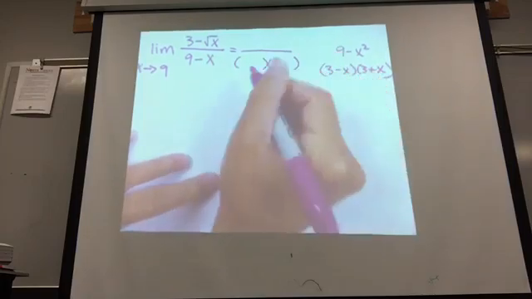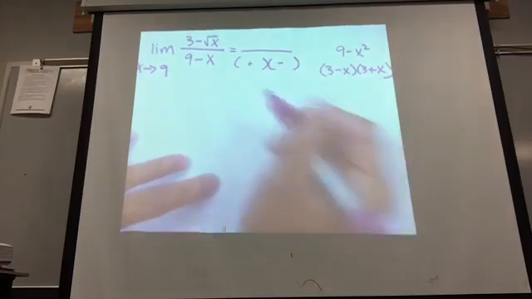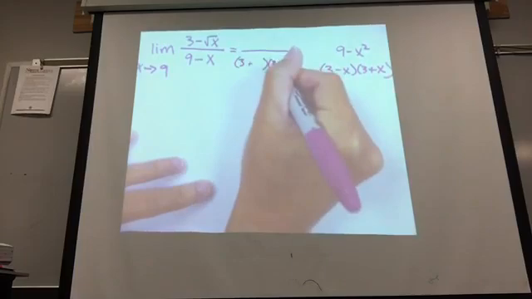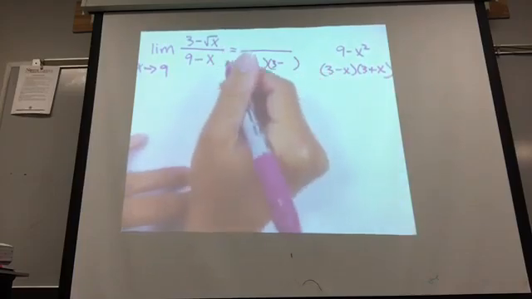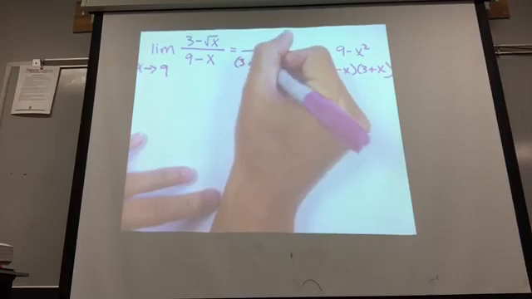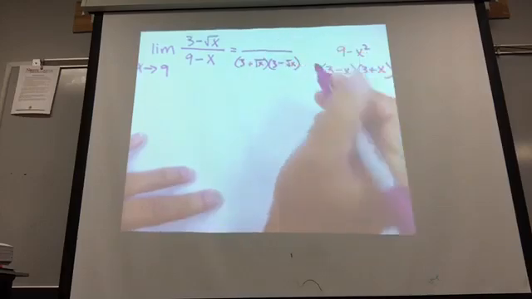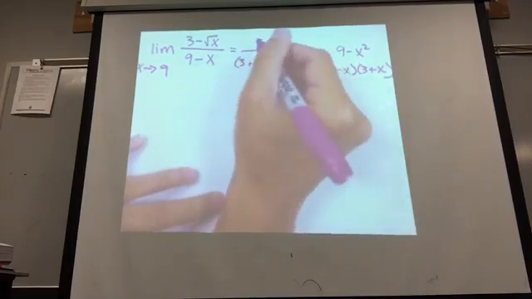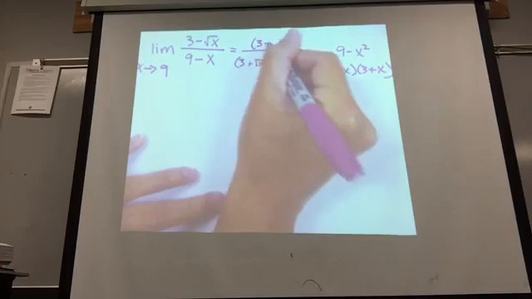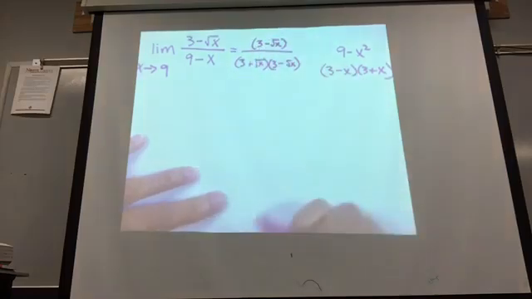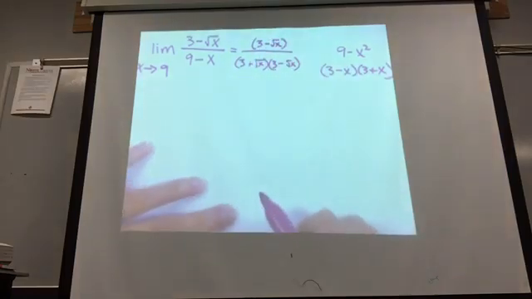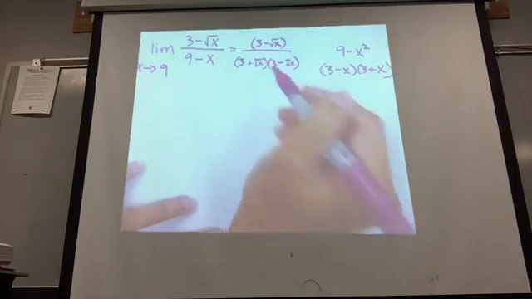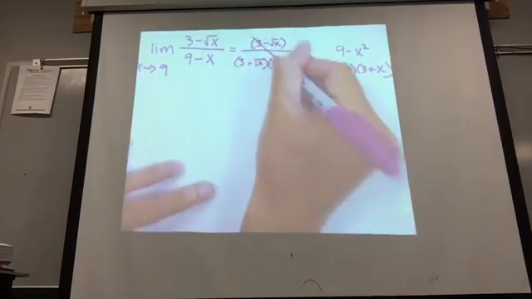So I have two binomials, one plus, one minus. The square root of 9 is 3. And the square root of x I can write as the square root of x. And now I see this works because in the top I have that factor 3 minus the square root of x. And now that factor that's in both the numerator and the denominator divides out.